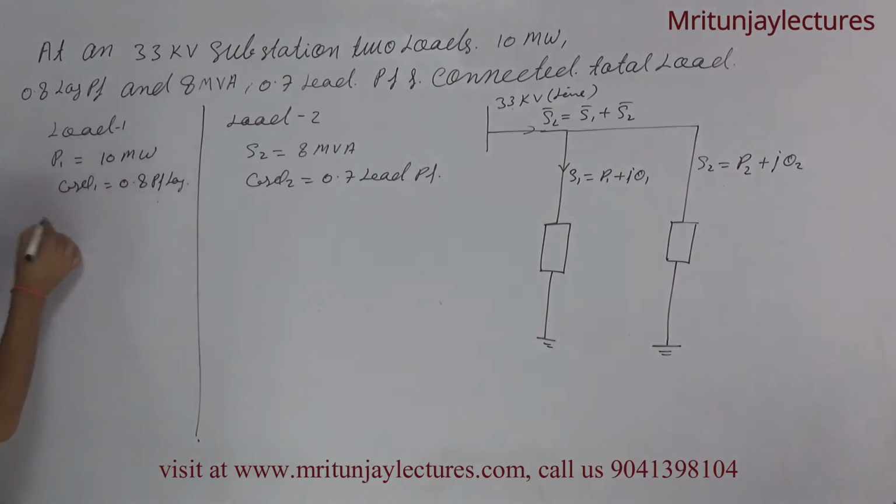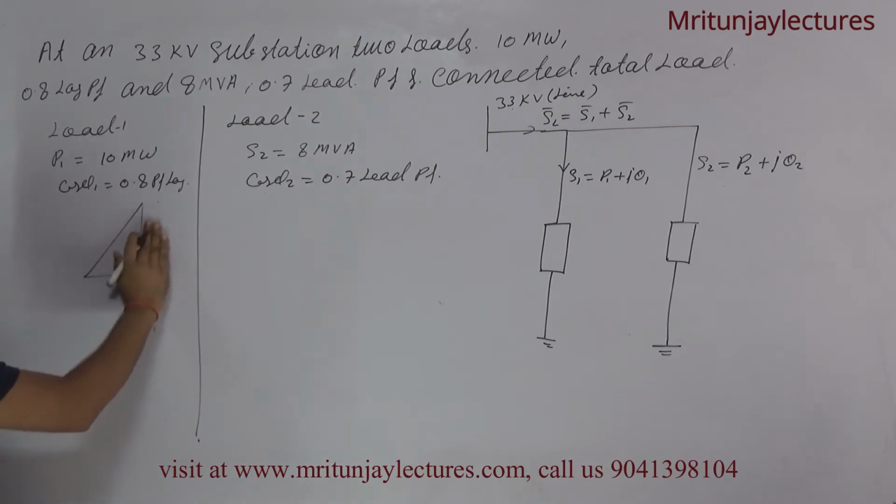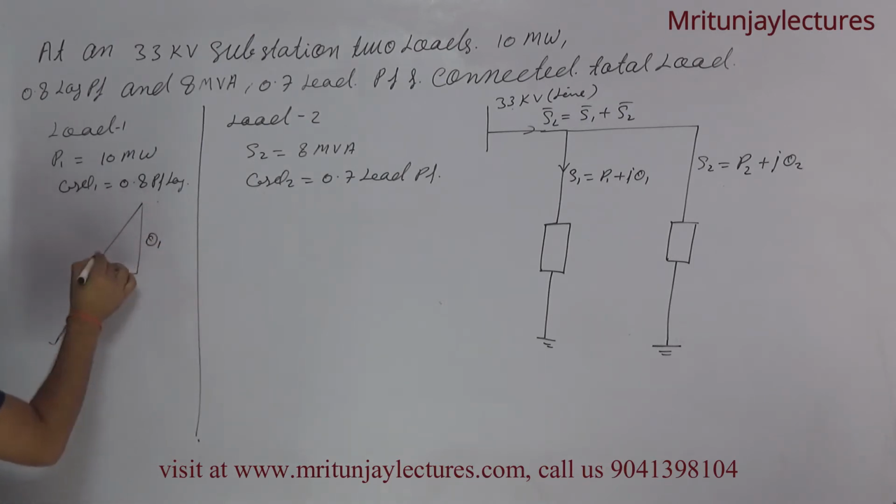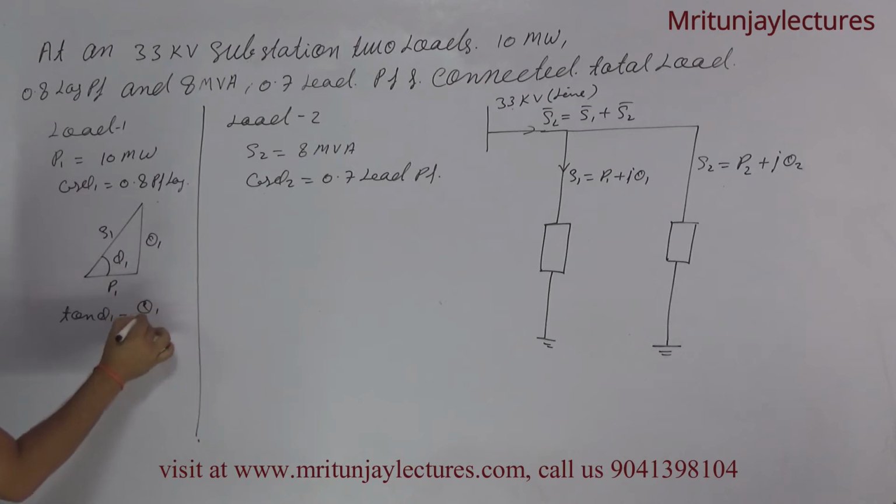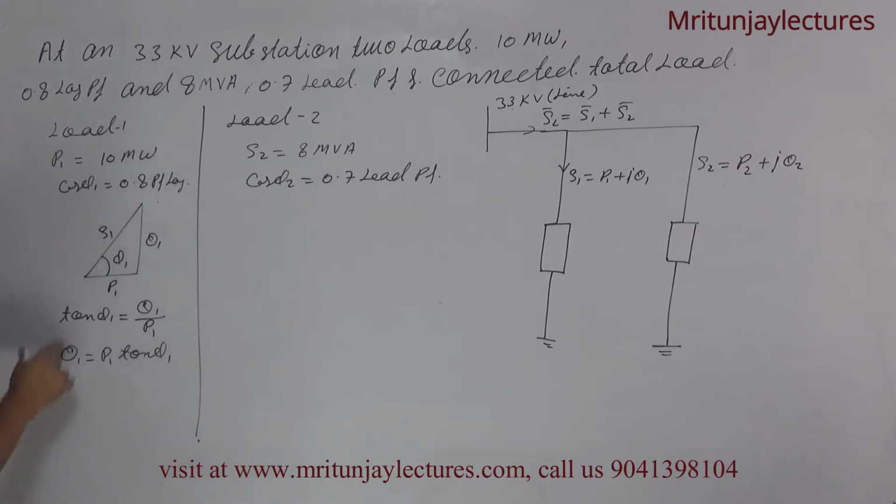Now, you know that this is P1, that is Q1, that is theta 1 and this is S1. What about tan theta 1? Tan theta 1 is written as Q1 divided by P1. If you want Q1, it means P1 into tan theta 1. Cos phi 1 is 0.8 power factor lagging. What about phi 1?